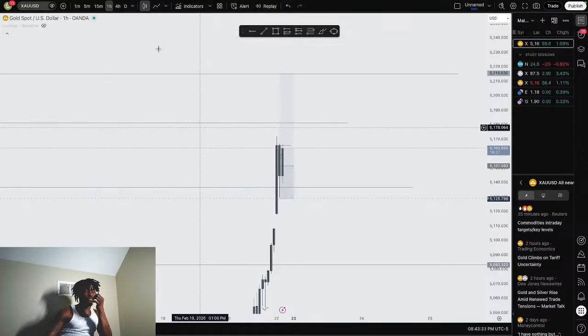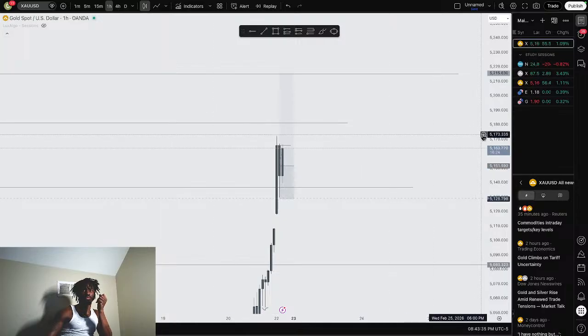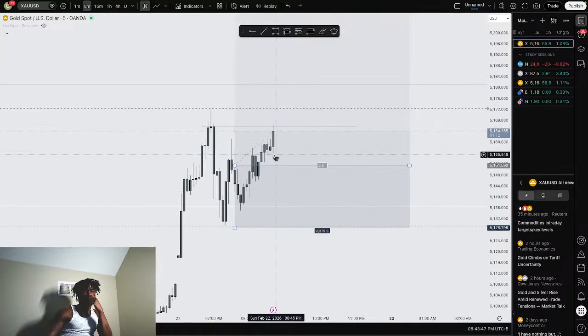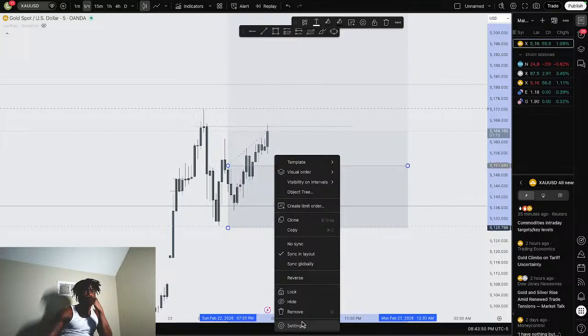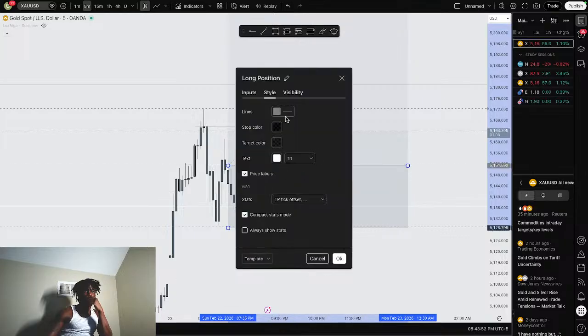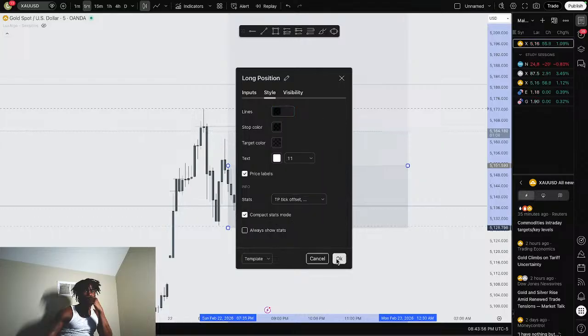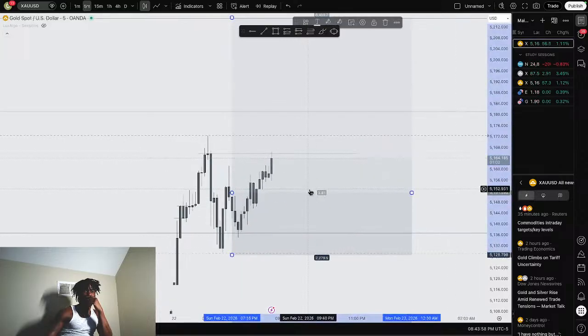Since price already broke above there, what I'm going to do is set another alert above the high. And now just monitor from this aspect of things. Adjust this. I don't need this line on it. Honestly, I might even take off the drawing. I might take off this tool because I'm already in a position.